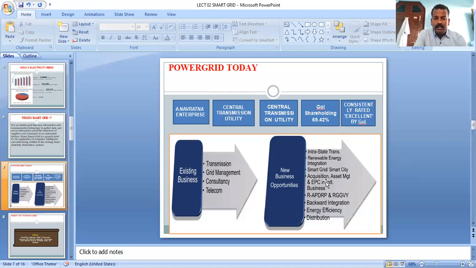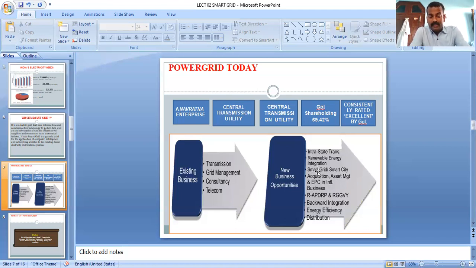If there is a deficiency of power in any state, and there is excess power in another state, then the other state can supply the power to the power deficit state.